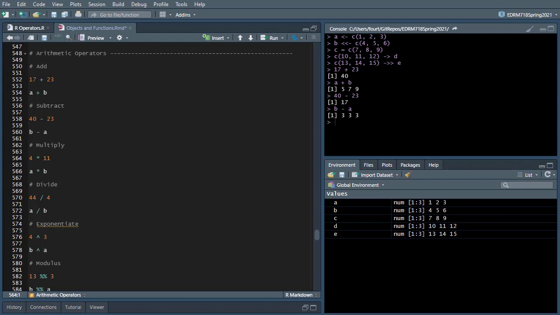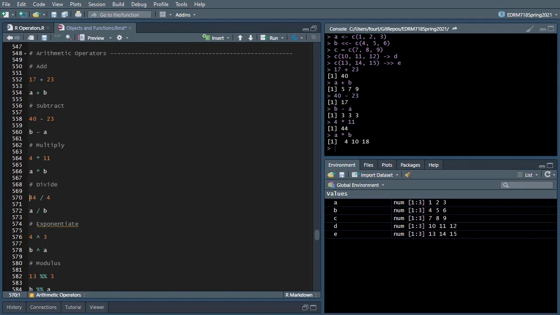Continuing in this same manner, we can use the asterisk for multiplication. 4 times 11 gives us 44. And if we use the asterisk for multiplication of vectors, A times B, it's 4 times 1, 2 times 5, 3 times 6. And so you get 4, 10, and 18.